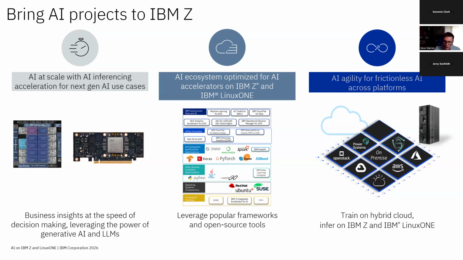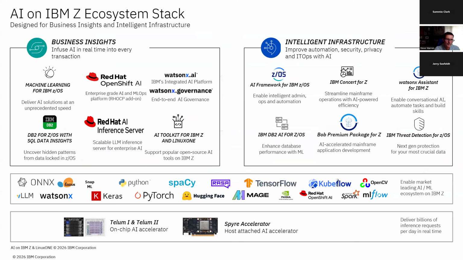So that's the joy of this particular solution: we have an ecosystem with a huge open source community of stuff. We'll talk about that in a couple slides from now. So the AI discussion that we have here is divided into two major camps. One is intelligent infrastructure on the right, and there's lots of great solutions to help you manage your mainframe better, and/or to be able to do code generation.